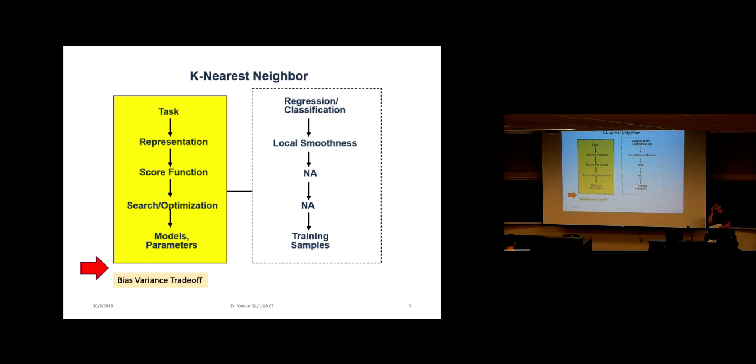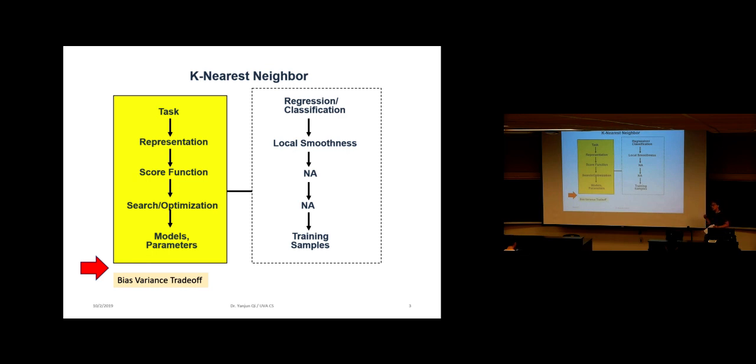Also in the extra lecture of lecture 9, I put that K-nearest neighbor is actually a very good classifier. You can prove that if the Bayes error is epsilon, then when you have an infinite number of training samples, K-nearest neighbor guarantees the generalization error is bounded by 2 epsilon.